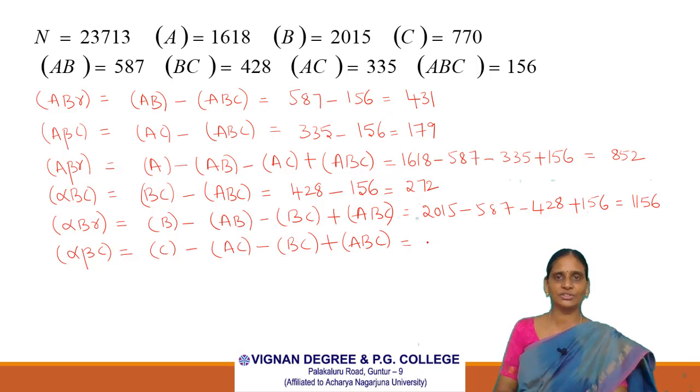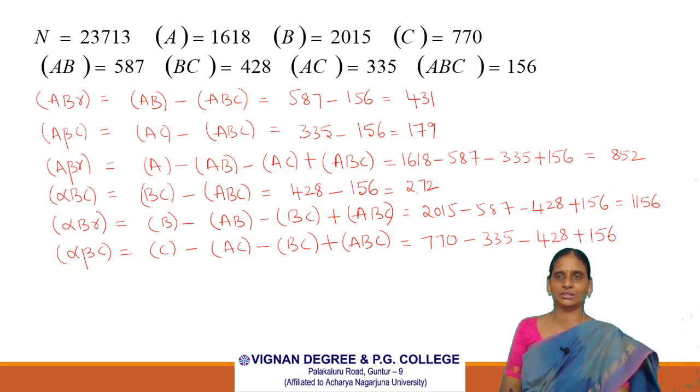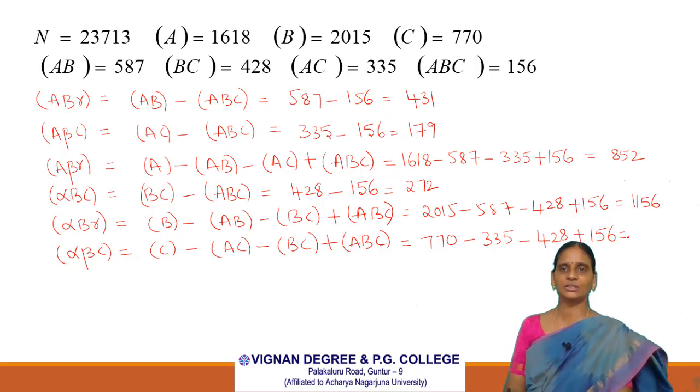So frequency of C value is 770 minus frequency of AC is 335, frequency of BC value is 428 plus frequency of ABC is 156. After the simplification, we get the value 163.